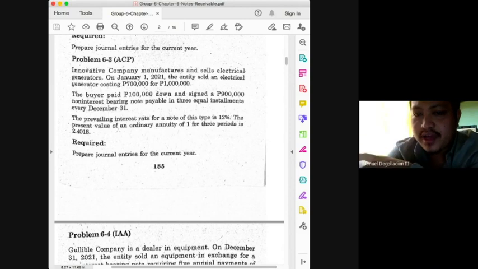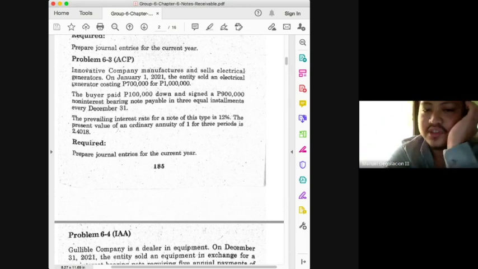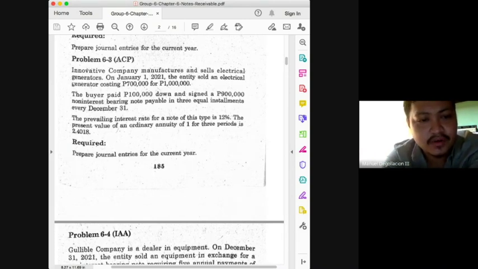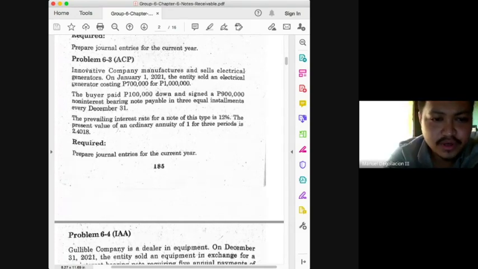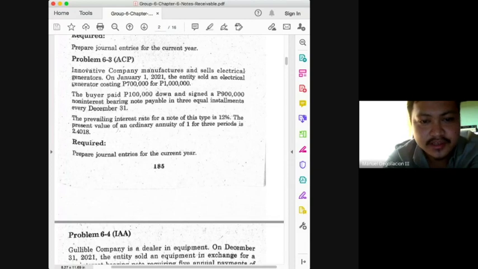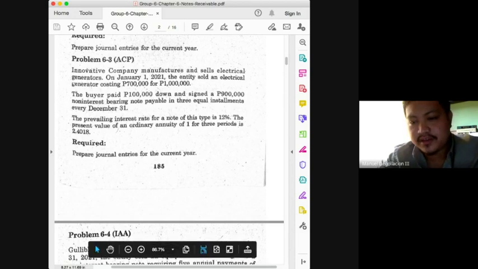And again, we know that the unearned interest income will gradually decline for every interest that is already earned. And we have also computed that for the first year, we have earned a total interest of 86,465. So all you have to do to get the balance of your unearned interest income is to deduct the 86,465 from the 179,460. Let me just open an Excel file.